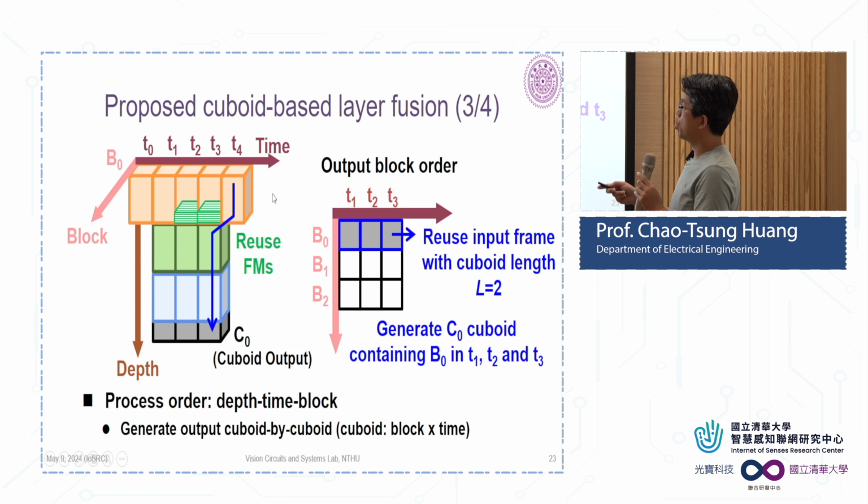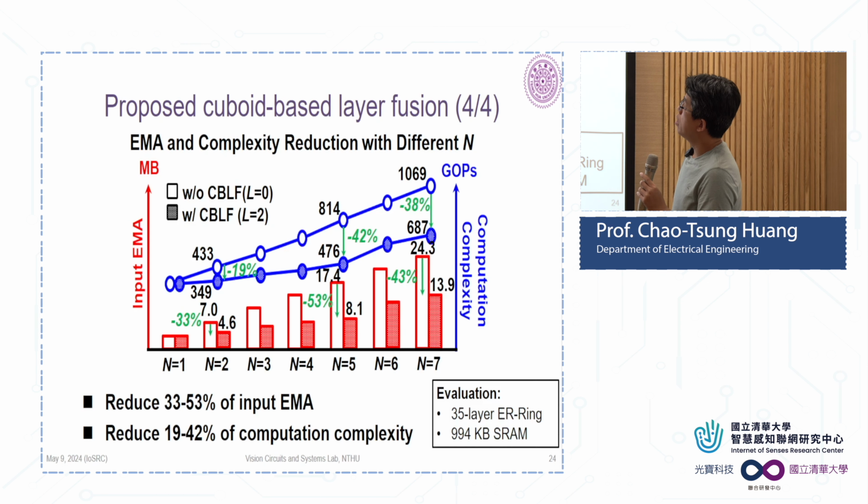And we can see that when the cuboid is longer, we can reuse more feature maps, but we will also need more SRAM to store these features. And in this diagram, we can see that when using the cuboid-based layer fusion technique, we can reduce about 33 to 53% of EMA, external memory access. And for the computational complexity, we can also reduce by 19 to 42%.